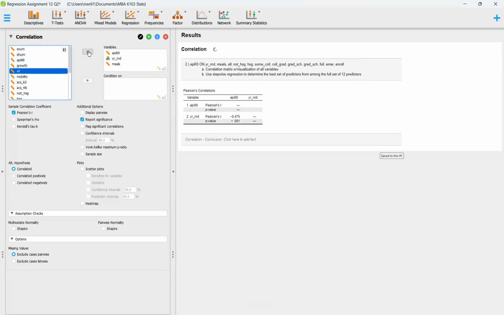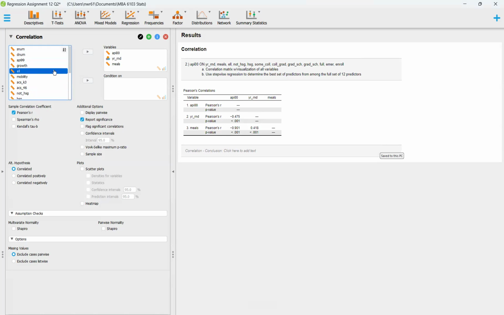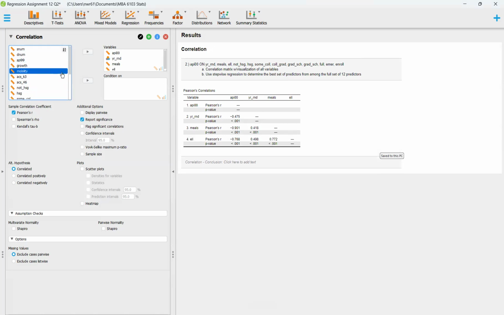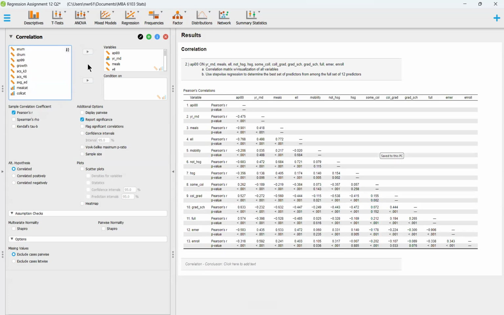Meals, L. Okay, no, this is gonna take way too long. Some college, college grad, grad school, full enroll, all these. Man, that's a lot of variables. Really wish I could have a flex plot to explain or help me explain all of this.